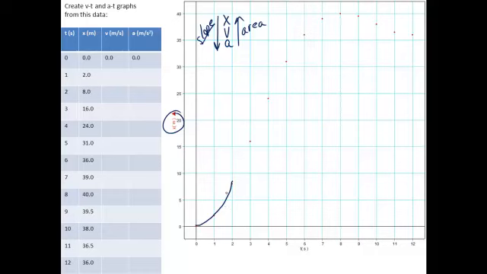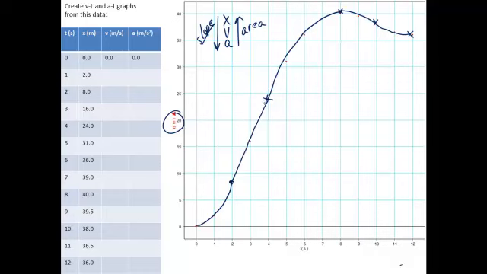Then we've got this next part here that's linear. Then from here to here, this has got a particular shape, so that's its own segment. Then we've got another segment from there to there, and then another from there to there. So we need to break it up into those different parts.